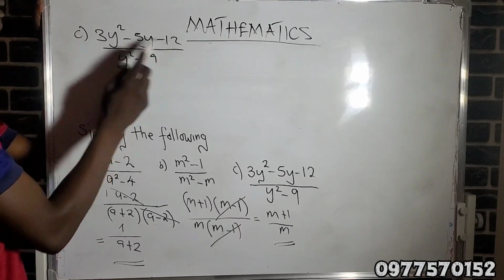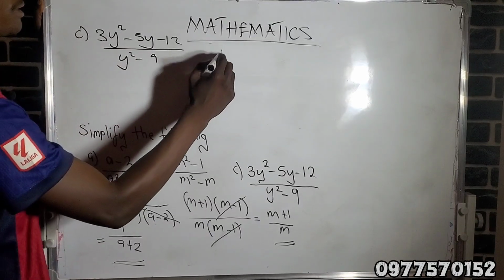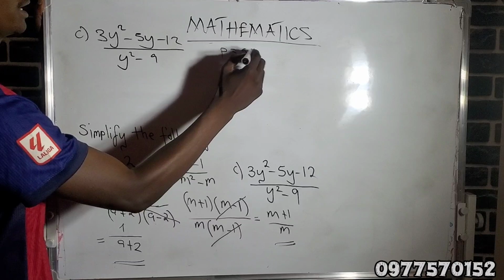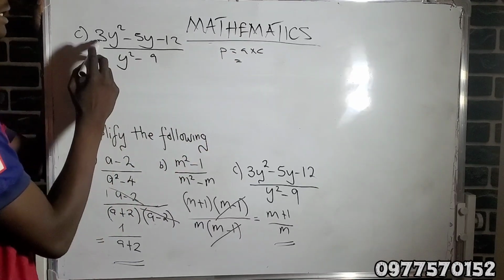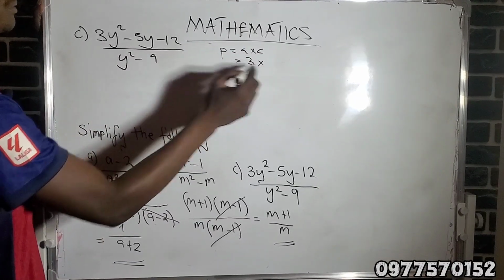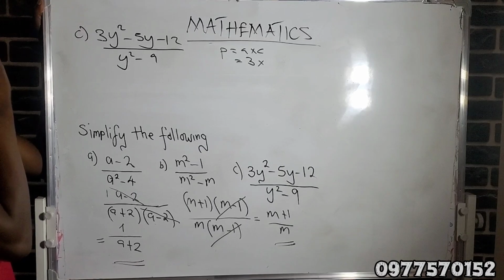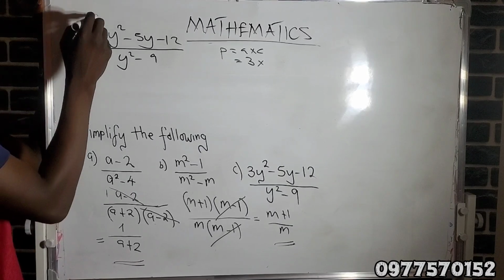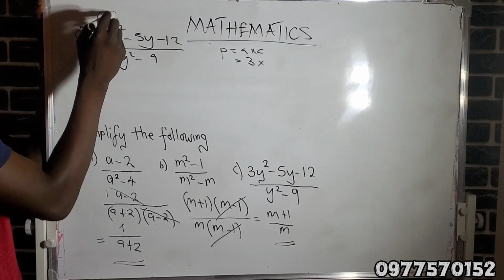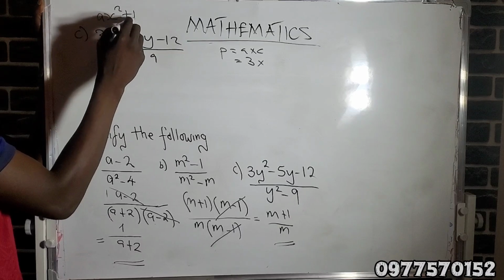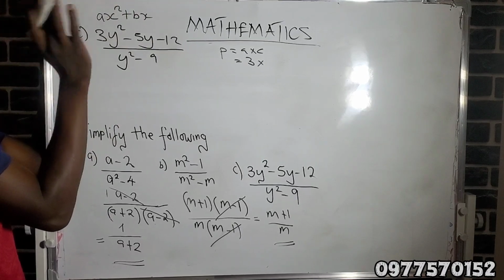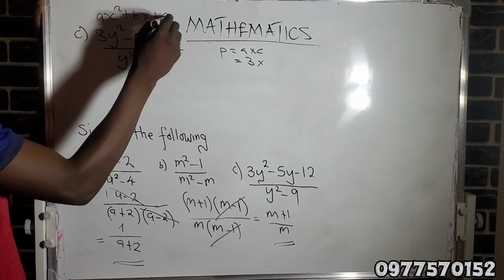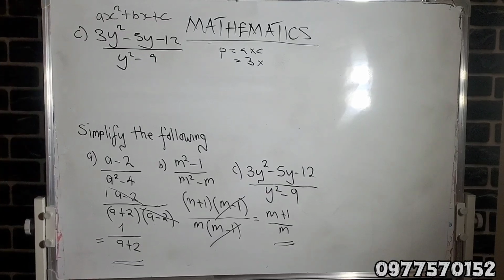To factorize the quadratic expression, you first find the product of a and c. And a is 3. Now where am I getting the a, the 3, the c, whatever? The original expression is ax squared plus bx plus c. Okay?